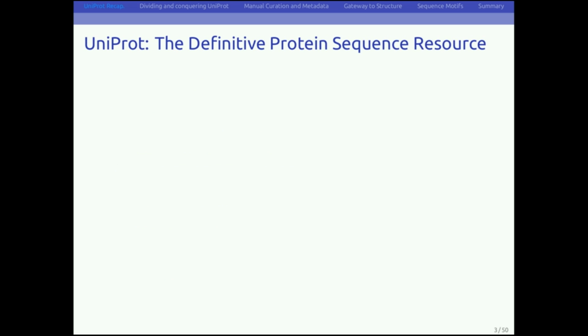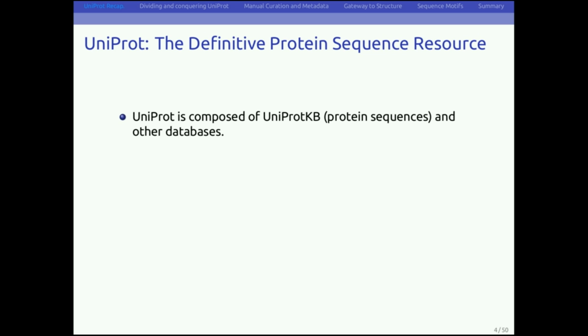Okay, so the next 2 slides are taken from last week's lecture, but I wanted to structure my talk around them because they are still very critical to this lecture and for any other work you will be doing with proteins, both in this course and in your potential future career as bioinformaticians. So, UniProt is composed of this big database called UniProt KB, which contains all the protein sequences and some other databases.